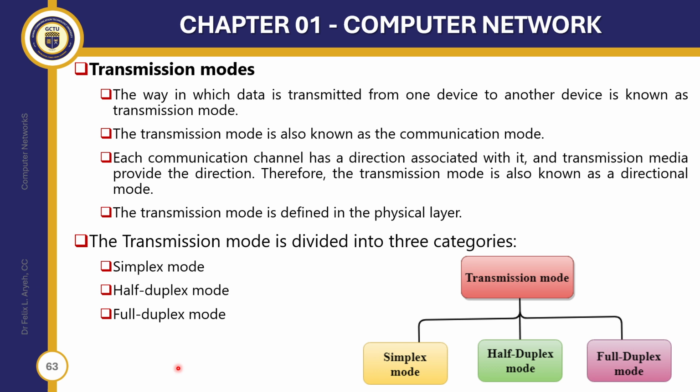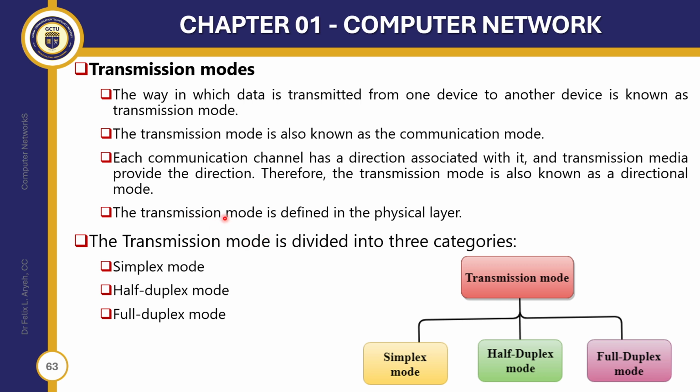Now, each of these communication channels has a direction associated with it, and the transmission media usually provides this type of direction. So we have what are known as the directional modes.